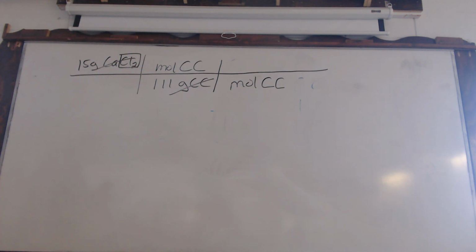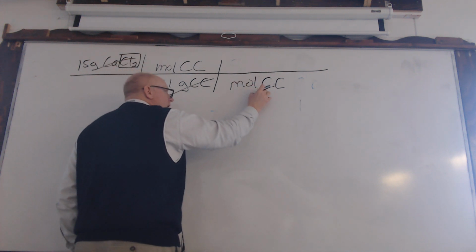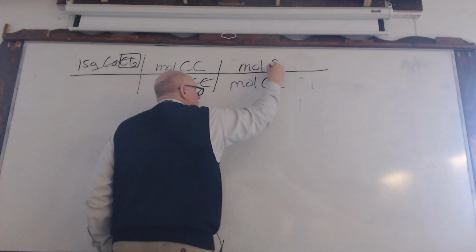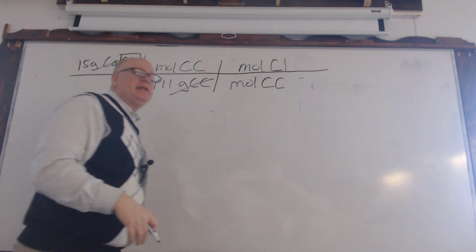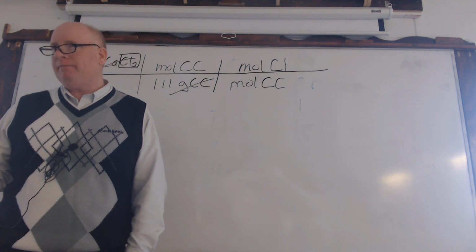For how we can do that, for every mole of calcium chloride, we get, is it just a mole of chlorine? Now, this is where it gets to be important, especially in stoichiometry, okay?